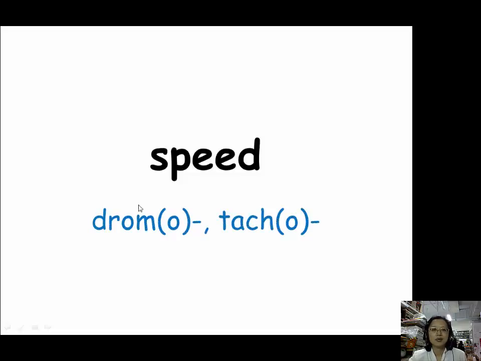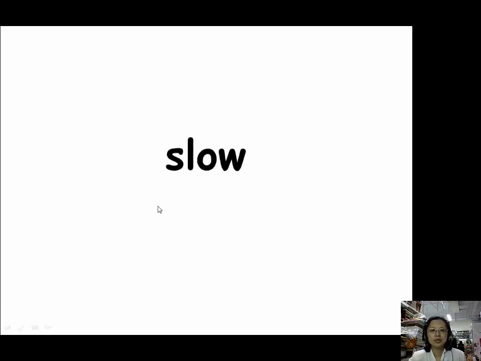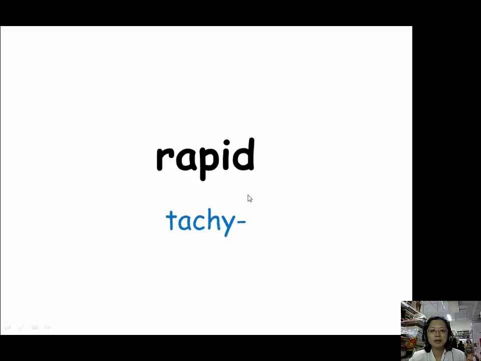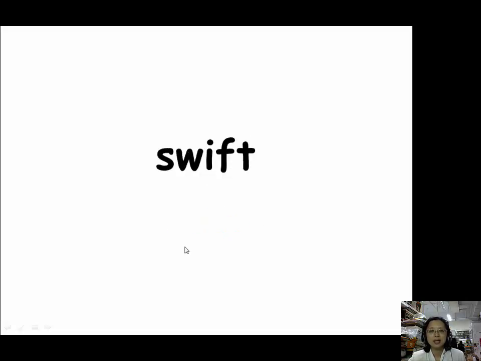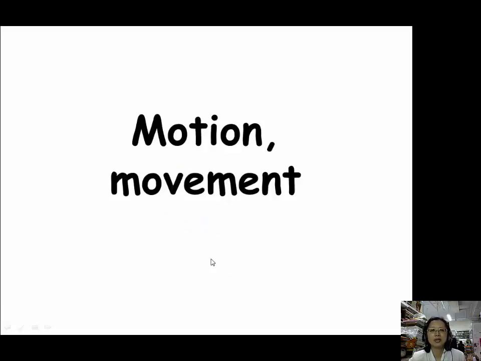For speed, we have these 2 prefixes, dromo, D-R-O-M-O, and tacho, T-A-C-H-O. For slow, we have brady, B-R-A-D-Y. For rapid, we have tachy, T-A-C-H-Y. As for swift, we use tachy too.